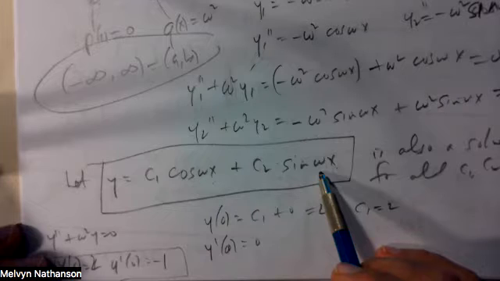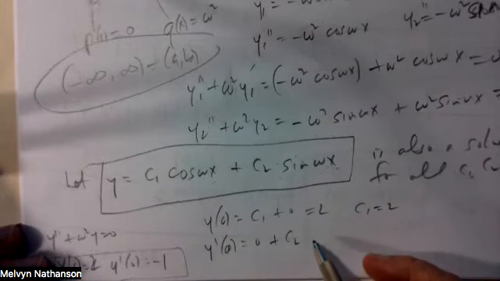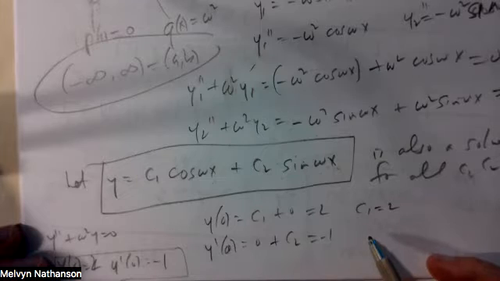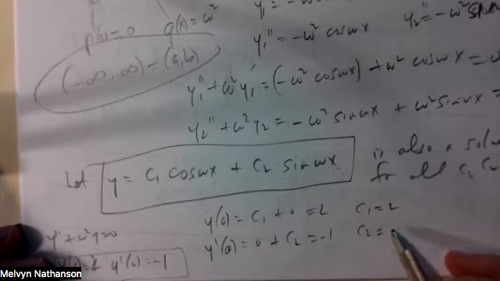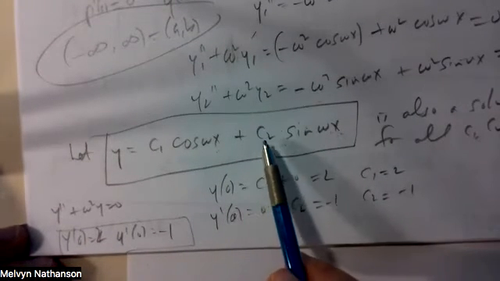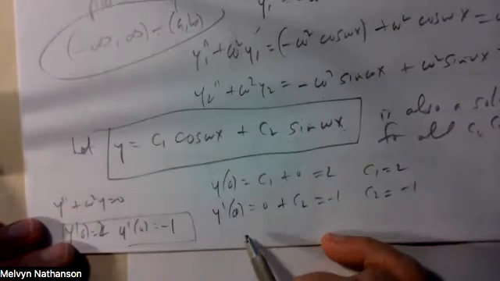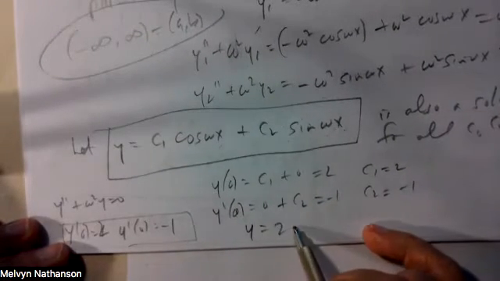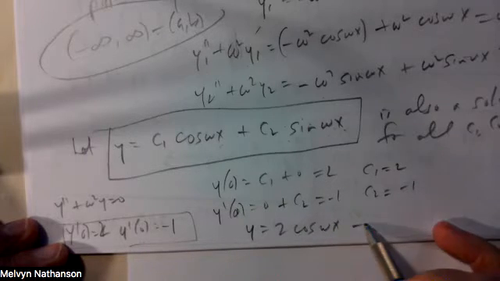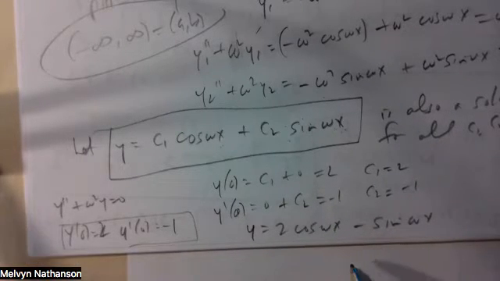When you differentiate the sine, you get the cosine. Cosine of 0 is 1. You get 0 plus C2. That has to equal minus 1. So C2 is minus 1. So the unique solution of the differential equation that satisfies our initial condition is y equals 2 cosine omega x minus sine of omega x.